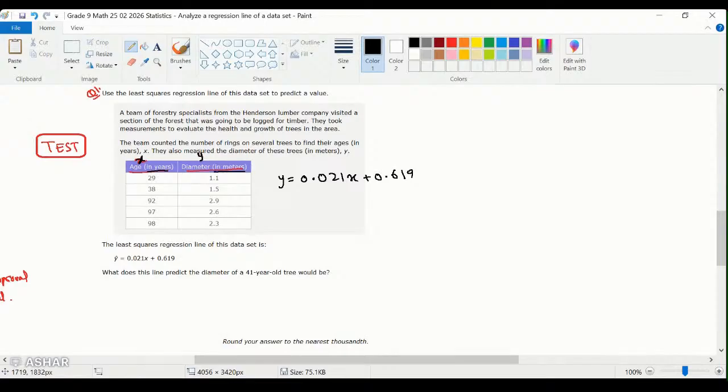So let's substitute the value of x. What they're asking us is for a 41-year-old tree.